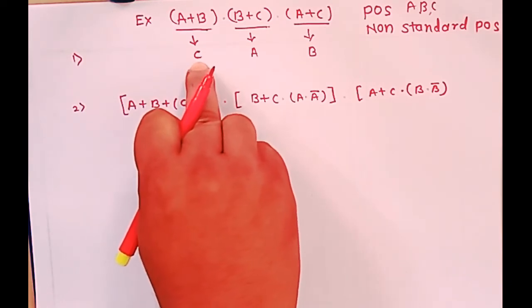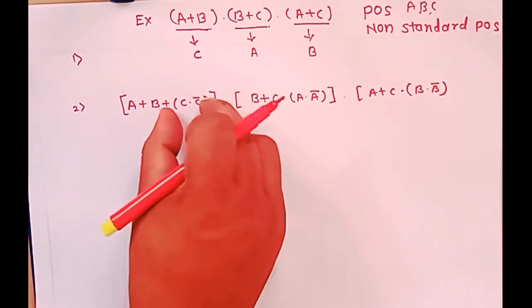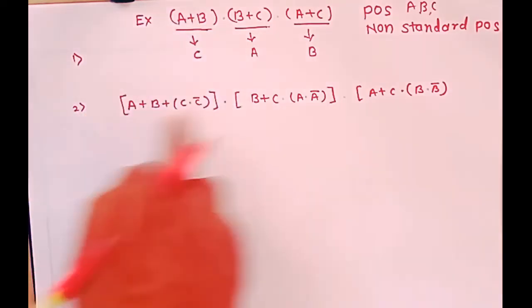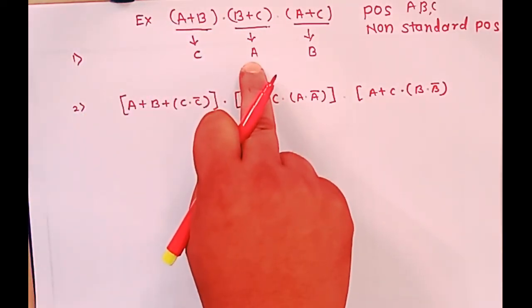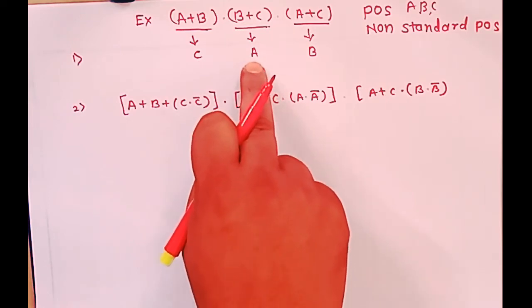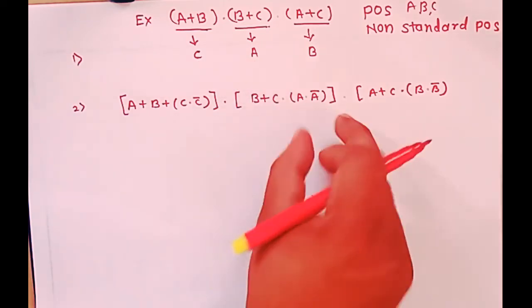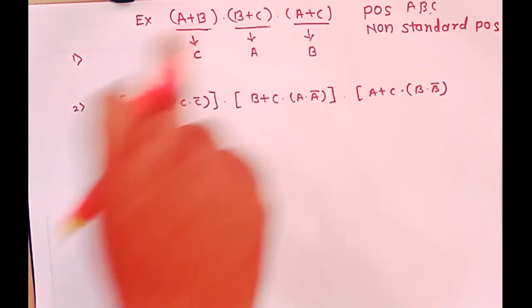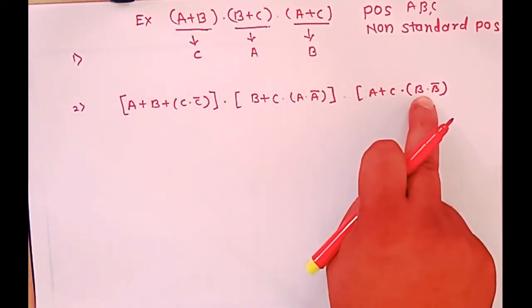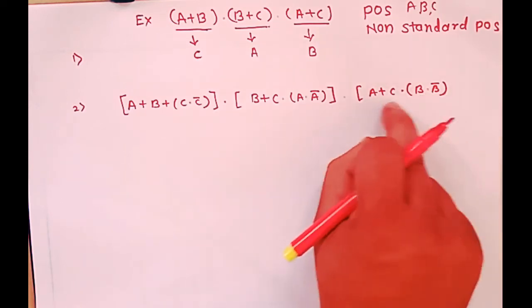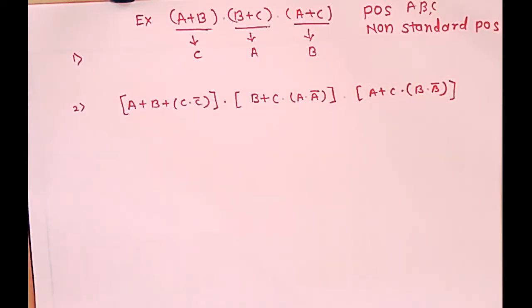The product of this term is c into c bar, and that term will be added to our first sum term. Here also the missing literal is a and its complement is a bar, so a into a bar, and that term will be added with b plus c. Here the missing literal is b, so the term will be formed as b into b bar, and that term will be added with a plus c.